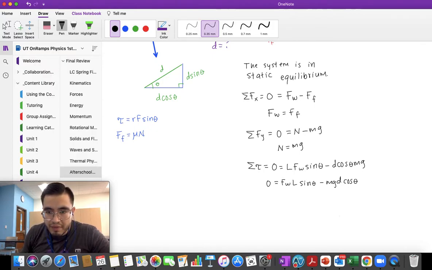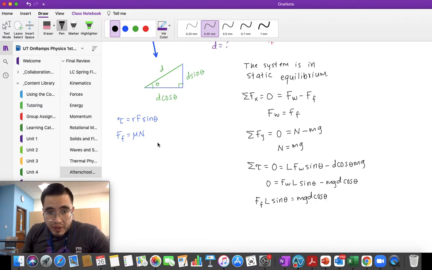That way we can have force of the wall times the length times the sine of theta is equal to this. And instead of writing force of wall, I'm going to write force of friction, times the length times the sine of theta equals mass times acceleration due to gravity times distance times the cosine of theta.